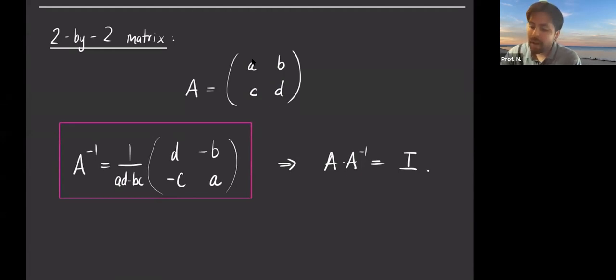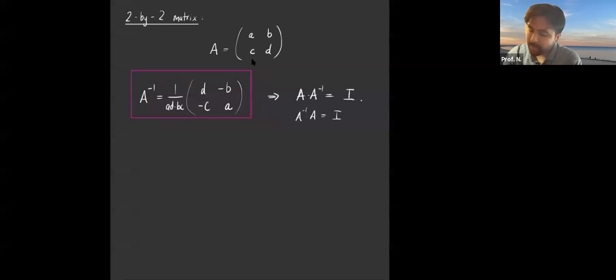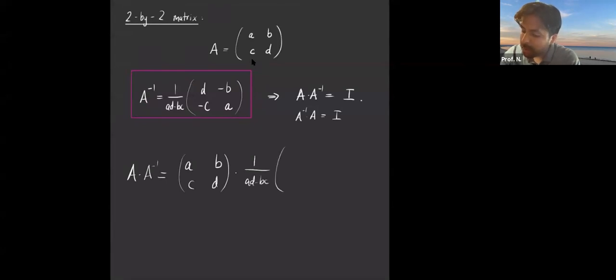So how am I sure about this? Well, I can multiply it out. What would A times A inverse look like? It would be the matrix [A B; C D] multiplied by 1 over AD minus BC, times the matrix [D, negative B; negative C, A].